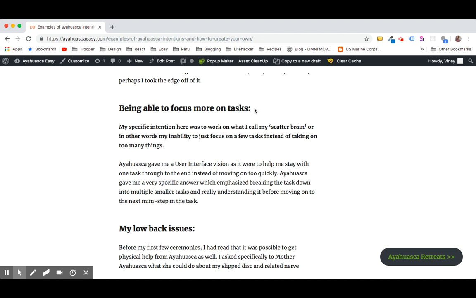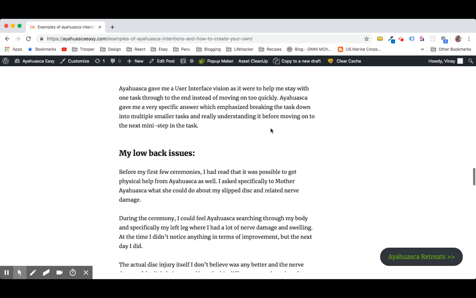A little like the first intention I had about negative pathways, ayahuasca in a ceremony showed me a vision or a hallucination about how I could focus better on tasks, and that is something I use today to help me do that.